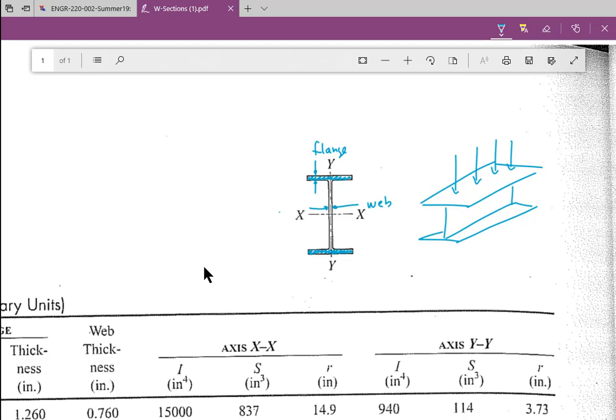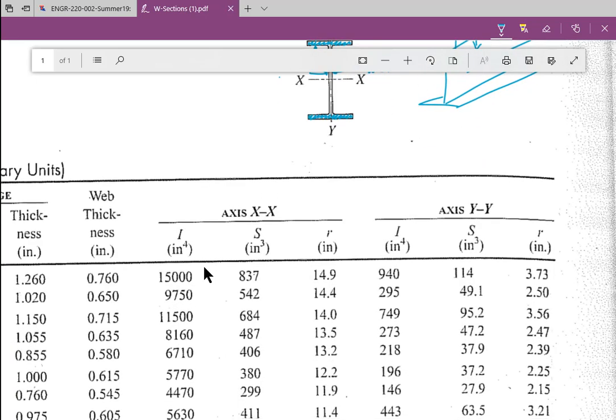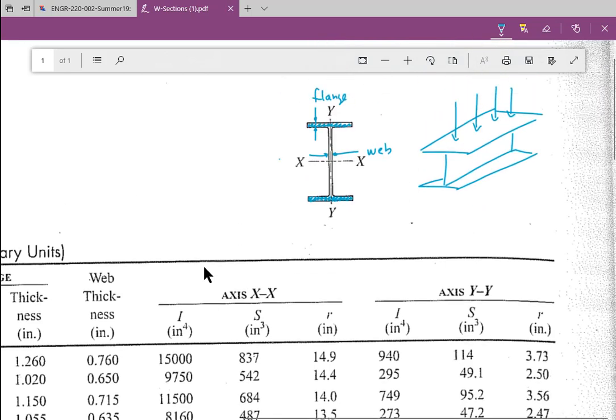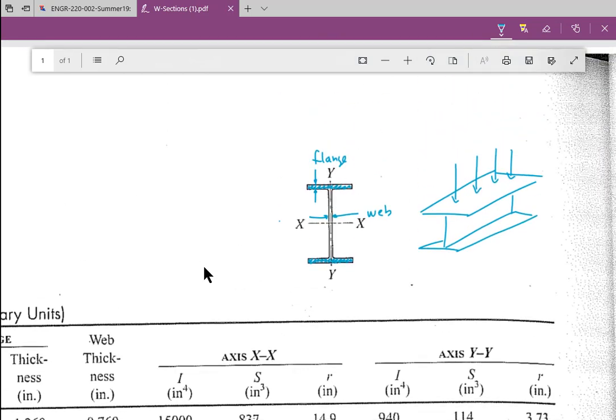And so if you do that, if your loads are perpendicular to what they've labeled as XX, you use all of the axis XX numbers here. Sometimes you have side loads on the beams, or maybe you put the beam in sideways for some particular reason. Sometimes you load the beam with loads that are going this way, perpendicular to YY.